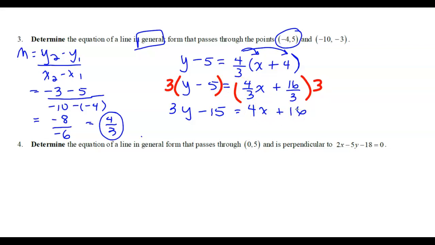Okay, now you want to get all the terms on one side. So again, maybe you want to do what we just did in the previous question. The x term is positive here, so maybe you want to keep it positive on the right, bring everything from the left. So you would subtract 3y, add 15, but then write out your final with everything on the left.